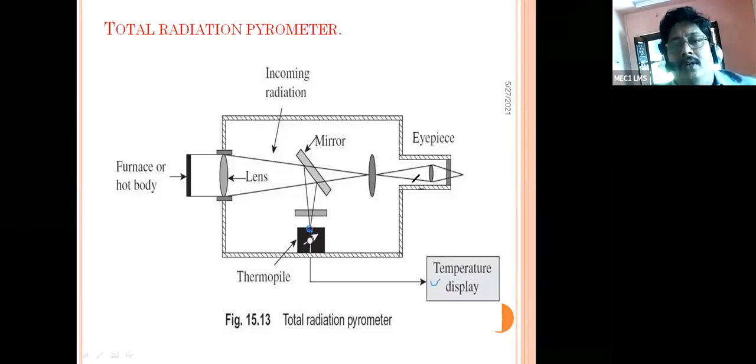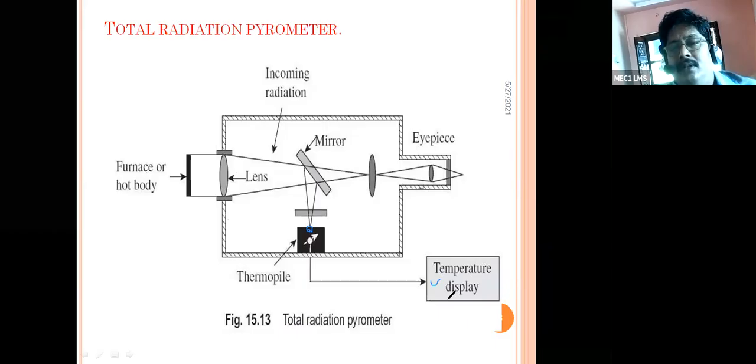Here some of the radiations go to the eyepiece, such that we have to adjust so that all the radiations focus on the lens. Now it is correct. One person asked: is the eyepiece used for adjusting the reflector to the thermopile? No, maybe here the eyepiece.